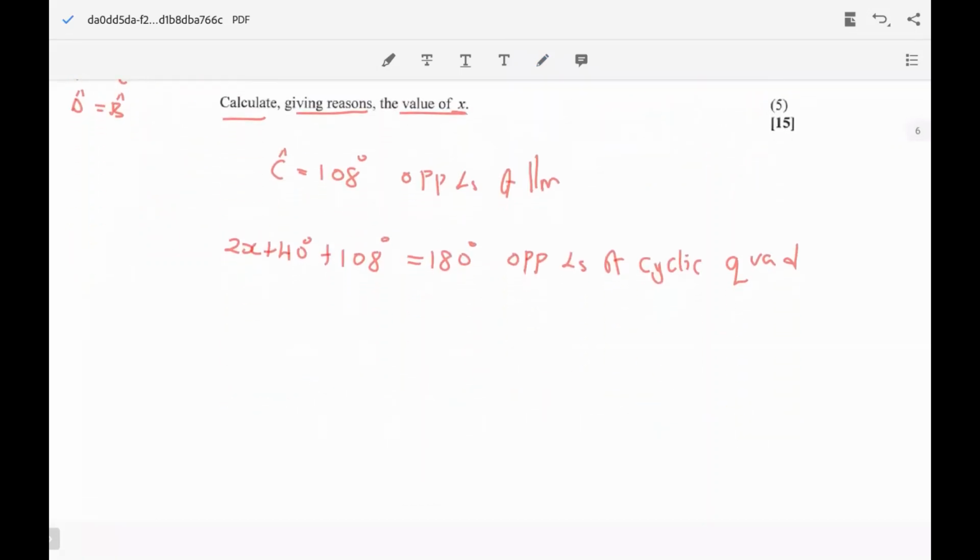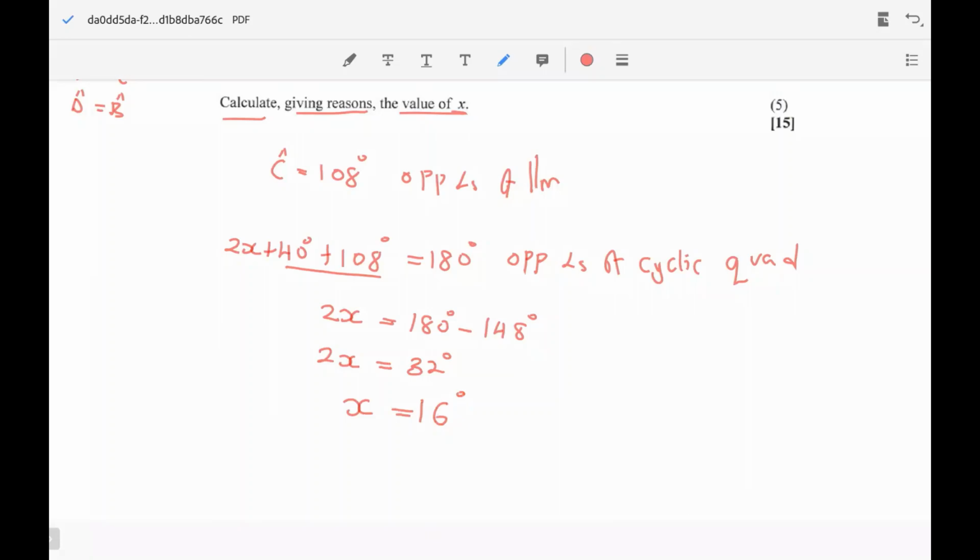Now we have to do the algebra. So 2x on the left would equal 180 minus 108 plus 40, that gives us 48. Wait, 180 minus 148 gives 32, and this would be 2x equal to 32 degrees. You divide by 2, your x would be 16 degrees.